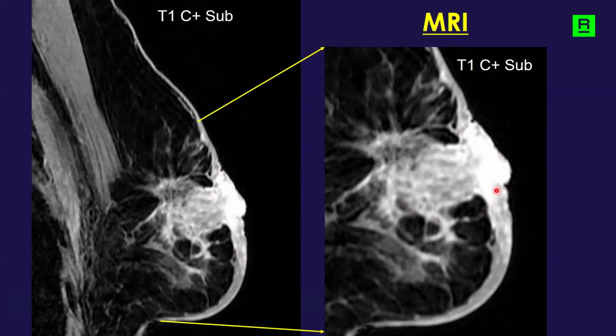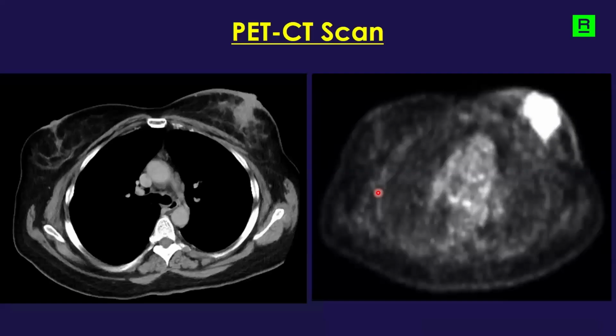And then immediately in that retroareolar region, we have this 6 centimeter heterogeneous enhancing mass with a little non-mass enhancement as well. On the patient's PET scan, you can see that skin thickening, that retroareolar mass. There was no adenopathy. This lesion is very FDG avid.